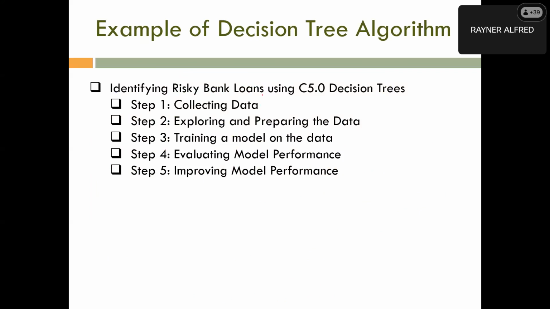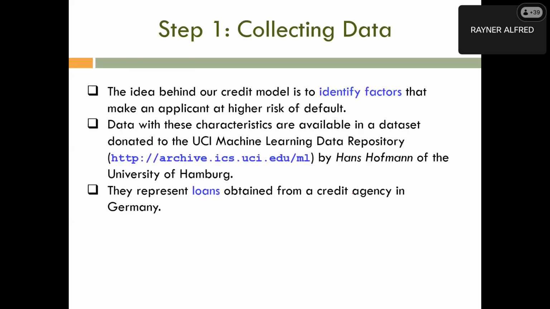So first we need to look at how we collect the data, and then prepare the data, and then how we apply decision tree for training, and then evaluate the model, and then how we improve the model.